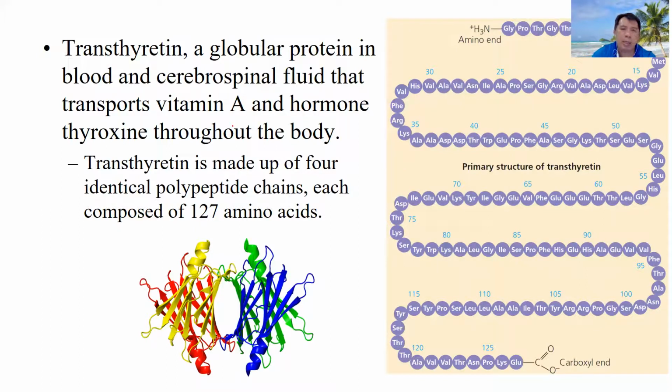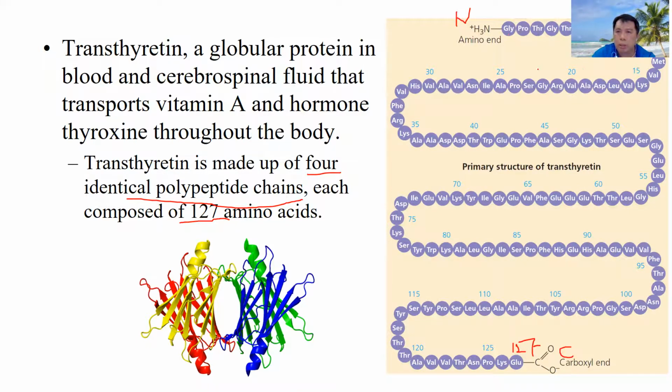Then another example is transthyretin, which is a globular protein. This globular protein is made up of four identical polypeptide chains, and each of these is composed of 127 amino acids. Here's the N terminal, here's the C terminal.